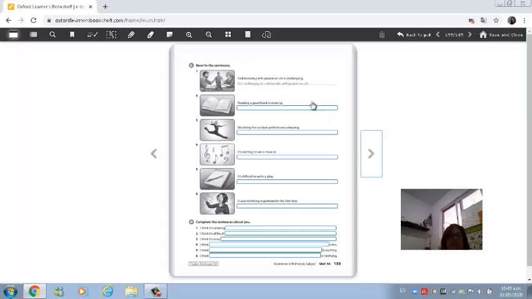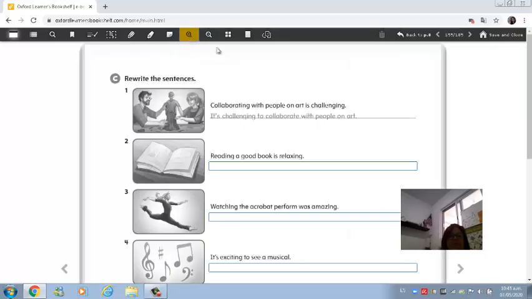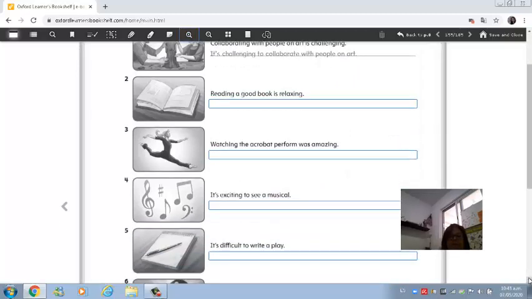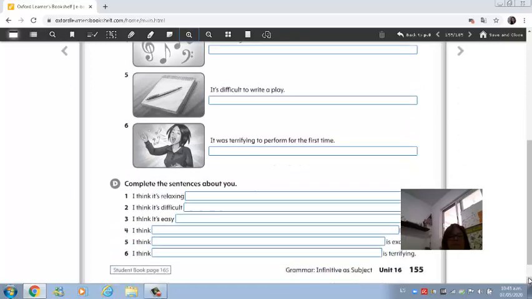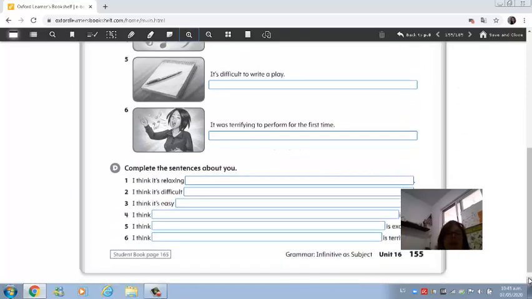I especially like this because I get to know you more. Okay, about you. I think it's relaxing. I think it's difficult. I think it's easy.